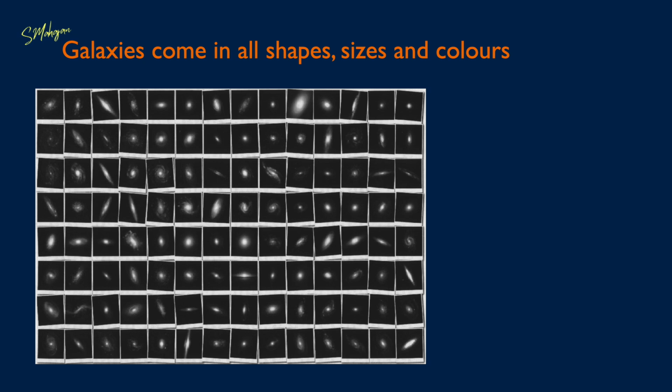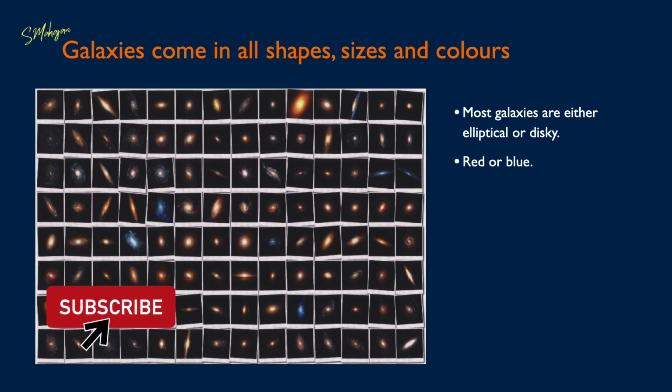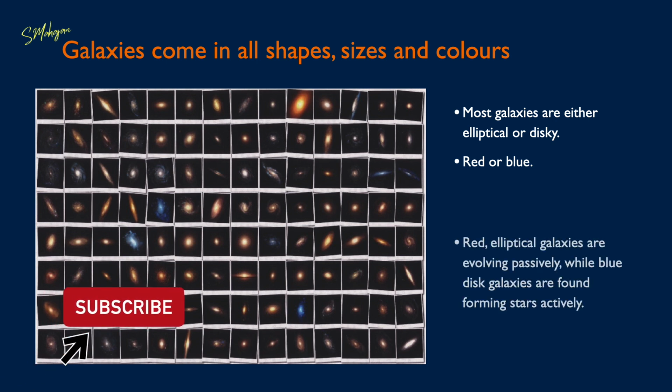Advent of technology led to observations in multiple wavebands, consequently leading to color images of galaxies. In these images, most galaxies appeared red or blue. Combining the two pieces of information together, astronomers came to the conclusion that red galaxies are elliptical while disk galaxies are blue.